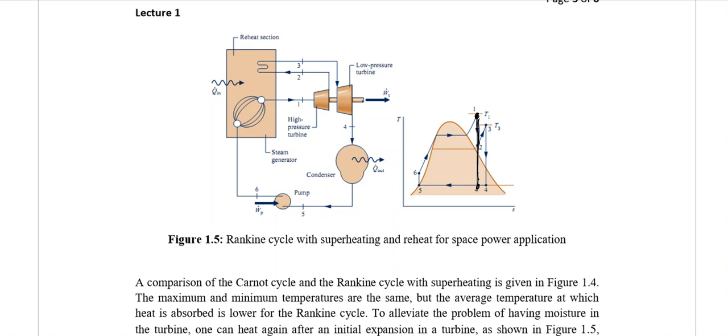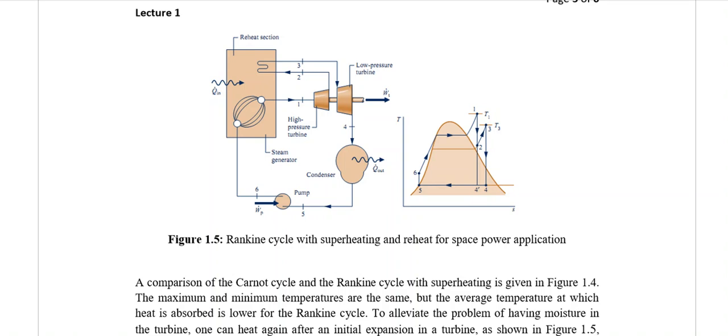So it is most desirable to compound it, that is, rather than expanding the enthalpy or the pressure in a single stage, we would expand it in multiple stages. That is when we put in the concept of reheat.